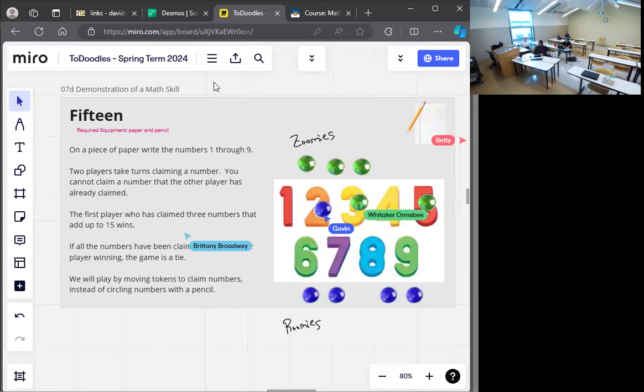So the roomies, you need to block them so they don't get 15. Yeah, not much choice, you have to block them or they'll win. Back to the zoomies, you can now pick any number you want for another green tile.